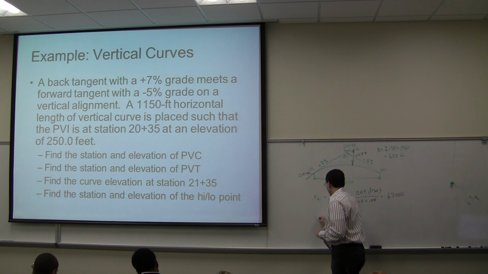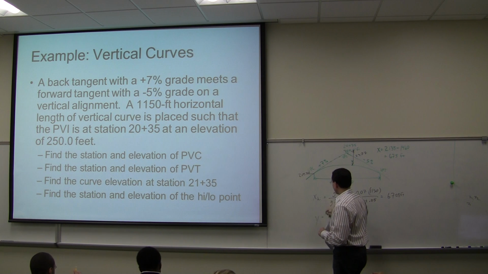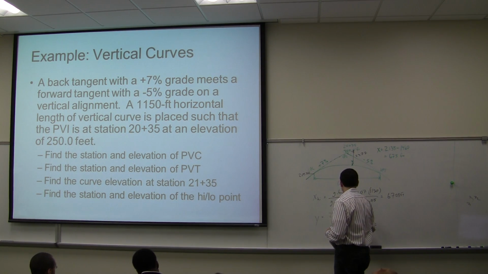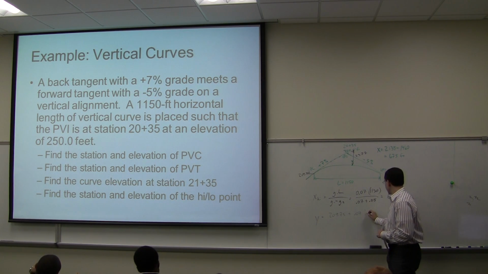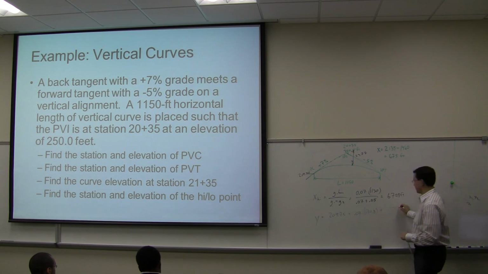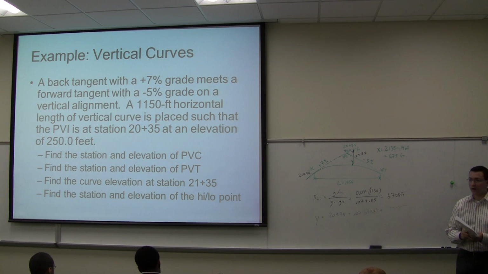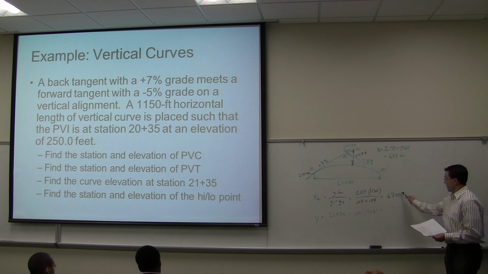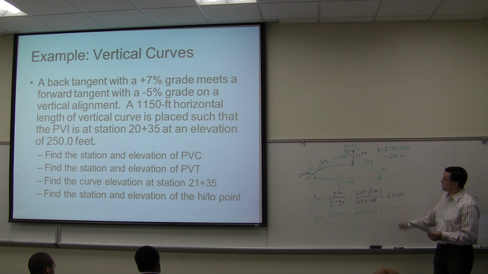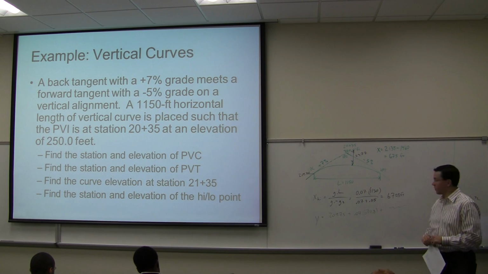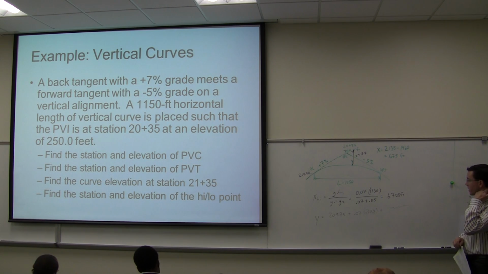So now we can find the y value using the same equation that we did before: 209.75 plus 0.07, now plugging this value in for x, 670.8 plus, you can figure it out from there. The only thing changing is that we're plugging in the distance to that high point that we just calculated instead of 675 that we had before.